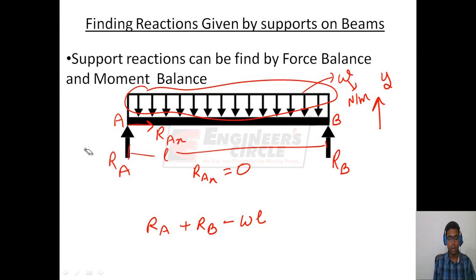So over a length L, the total load acting will be W into L. Now this net force, RA plus RB minus WL, must be 0, because this beam is not moving in the Y direction. This WL is taken negative because it is acting in the minus Y direction.